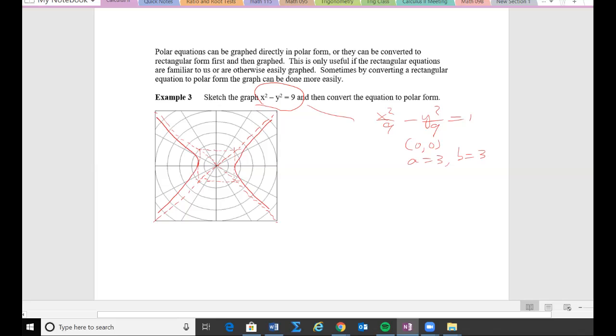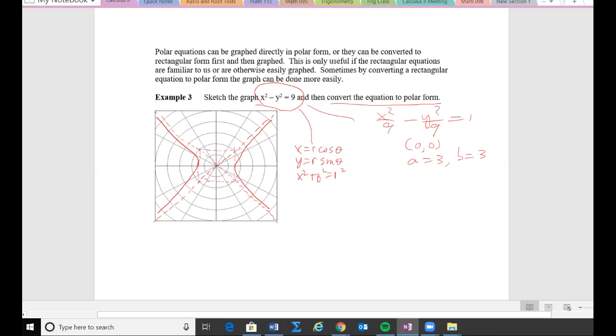Okay, so it says then convert to polar form. So let's take this now and use our relationships. We know that x equals r cosine theta, y equals r sine theta, and x squared plus y squared equals r squared. So we can play around with this a little bit.